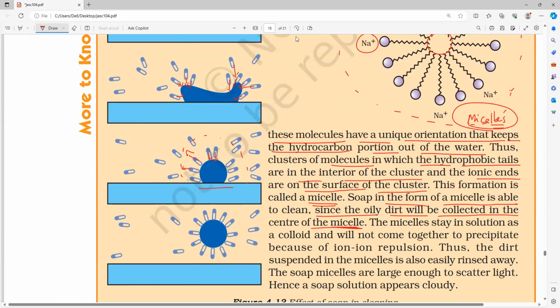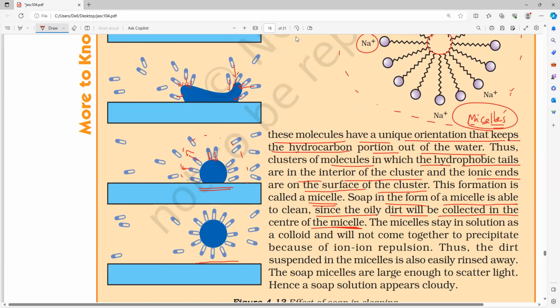So this is our cloth, a dirty cloth or your hand, whatever it is. You can see all the tails are attracting towards the oil surface, and they turn into a cluster, a molecule, and take it away from the surface. Now there is no contact with the surface, which means it is removed.